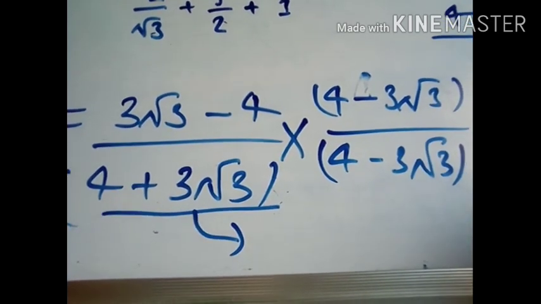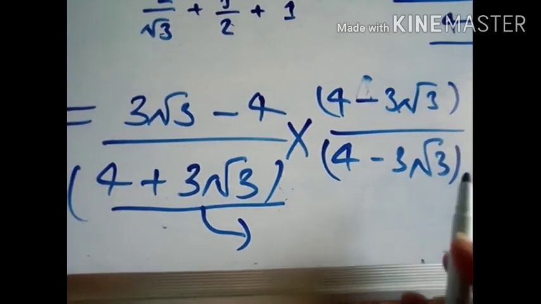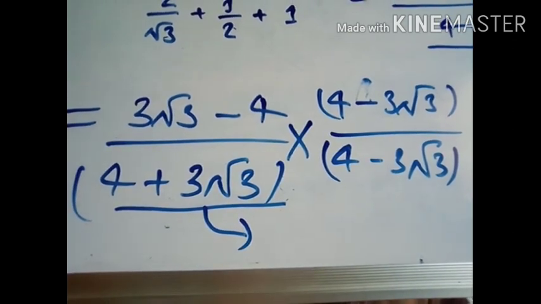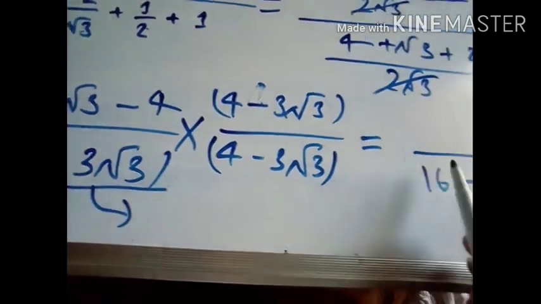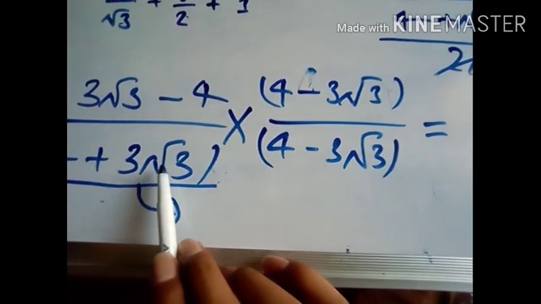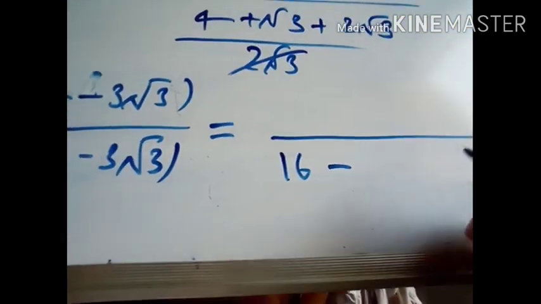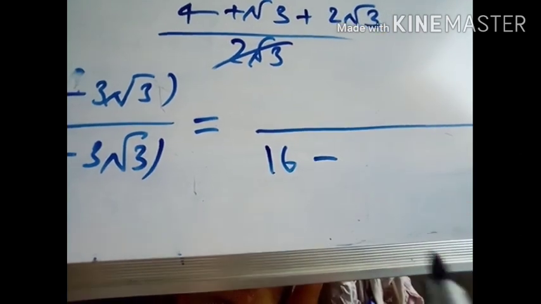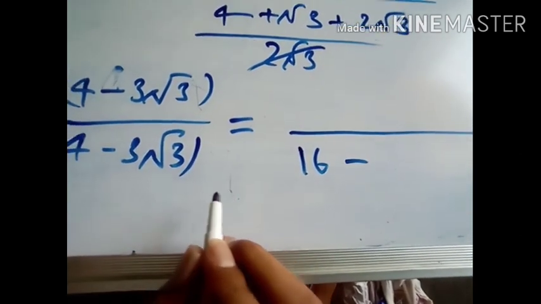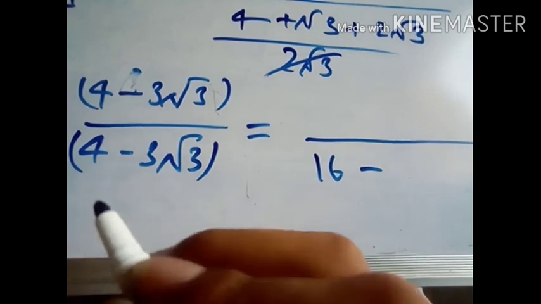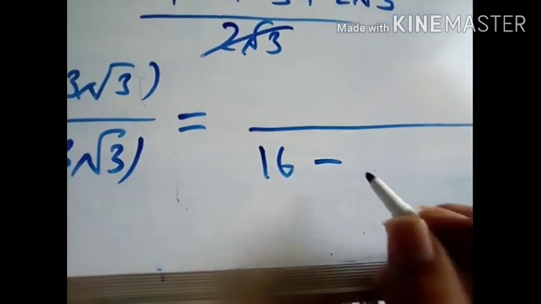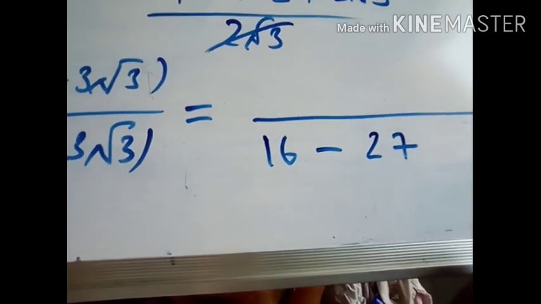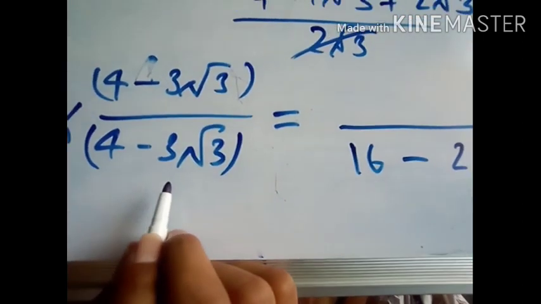It will be 16, minus, squaring 4 gives 16 and squaring 3√3 gives how much? On your copy you will write the formula that you are using. The formula is a plus b in one bracket and a minus b in the second bracket. So a square minus b square, minus 27 on squaring 3 root 3. Understand?